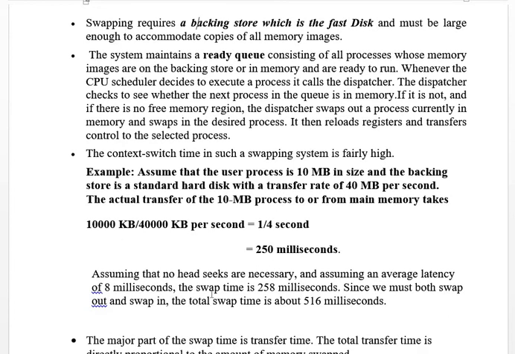So assuming that no head seeks are necessary and assuming an average latency of 8 milliseconds, the swap time is 250 plus 8 milliseconds. Since we must both swap in and swap out, the total swap time is about 516 milliseconds. That is 258 times 2 you have to do.